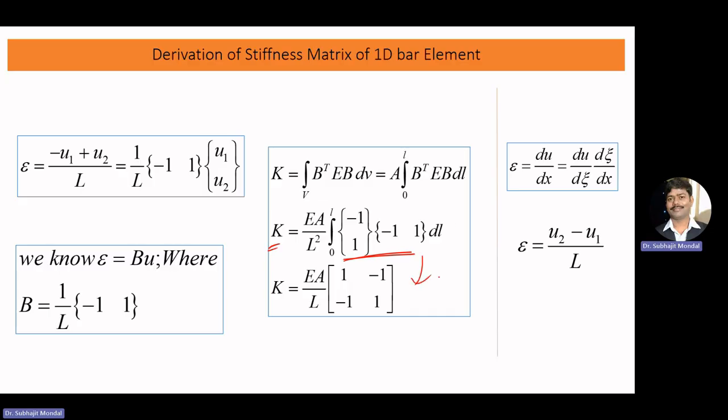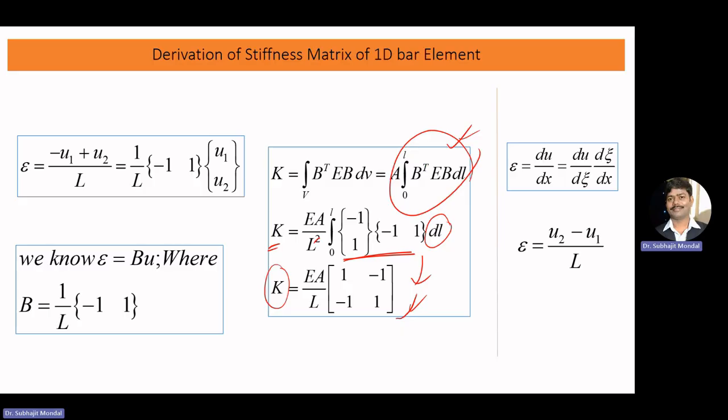So now if you multiply and do this integration, you'll observe we are getting L here. So this L square will get cancelled out, then we will get the stiffness matrix like this, EA by L times the matrix 1 minus 1, minus 1 1. This is the stiffness matrix for the truss element.